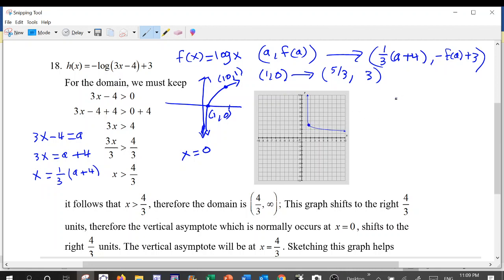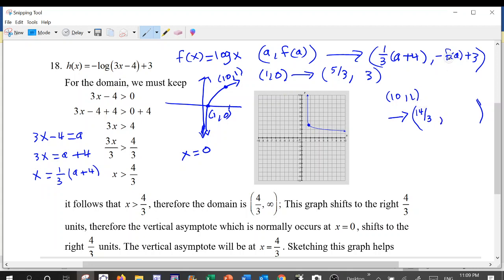And then where does (10, 1) go? Hopefully it's going to stay in this window so we can graph it. So where does it go? Well, the 10 goes to 10 plus 4, 14 over 3. 14 over 3 is like 4 and 2/3.